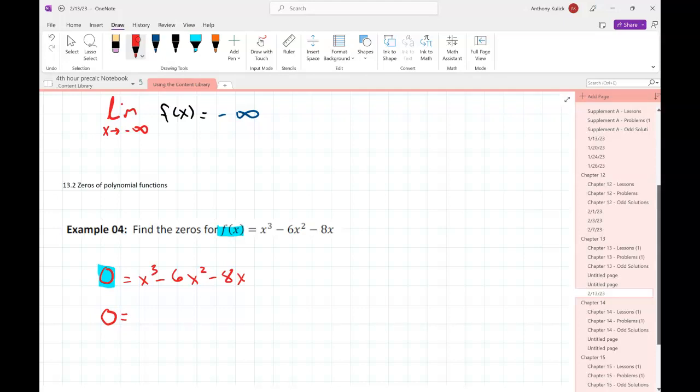Well, I mean, sure, but are there any like terms? So there's no like terms to combine. What else would I be looking for? A greatest common factor. So that's right, Elise. If I look at the terms here, each term contains a factor of x. So I can factor that out.